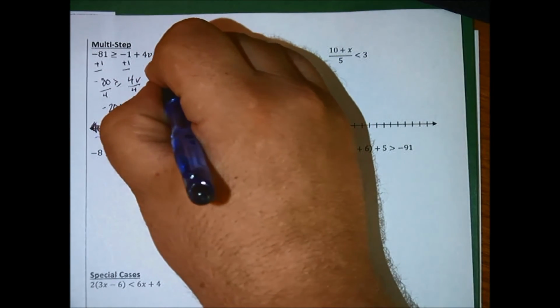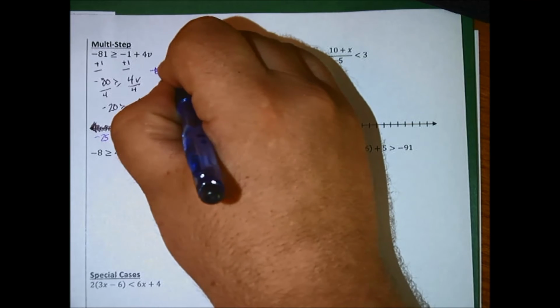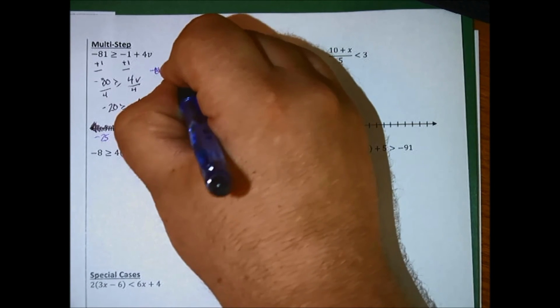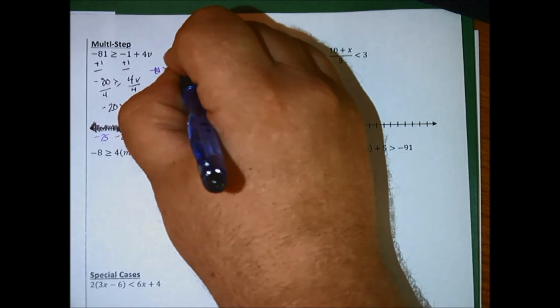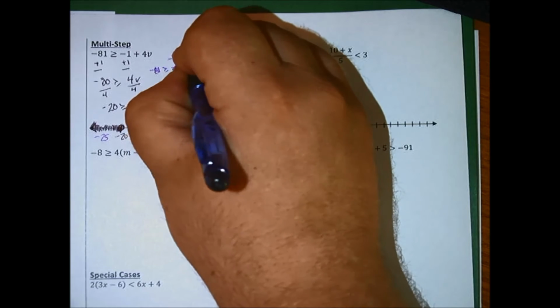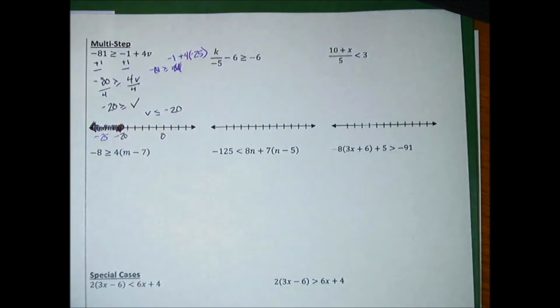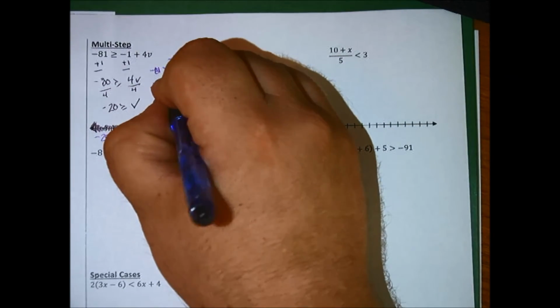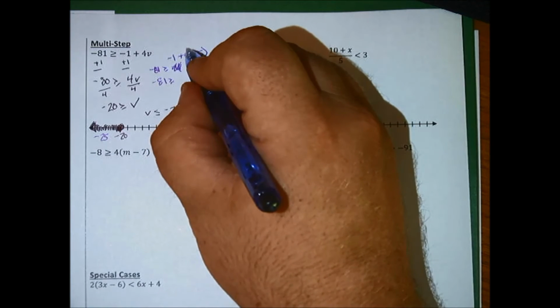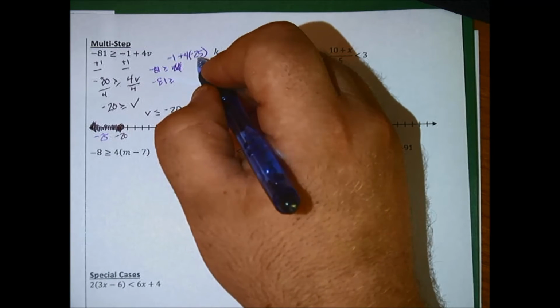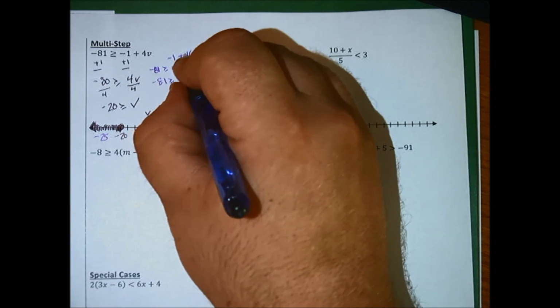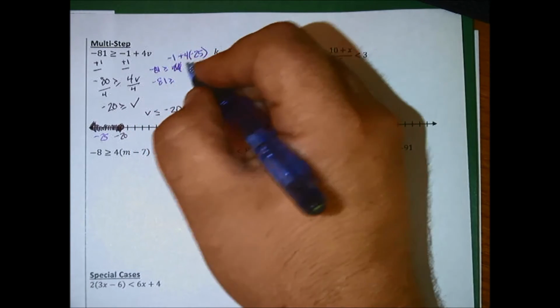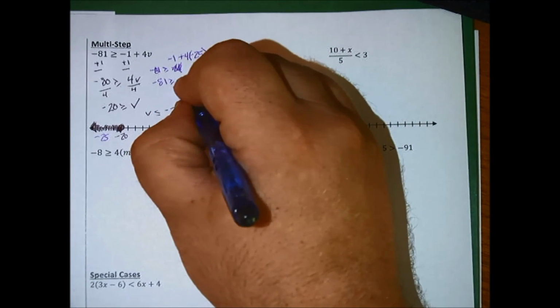Is that greater than or equal to negative 1 plus 4 times negative 25? So let's see here. Negative 81. It's a little more work here, but nothing to be too worried about. 4 times negative 25, that's going to be negative 100. Negative 100 plus negative 1 is going to be negative 101.